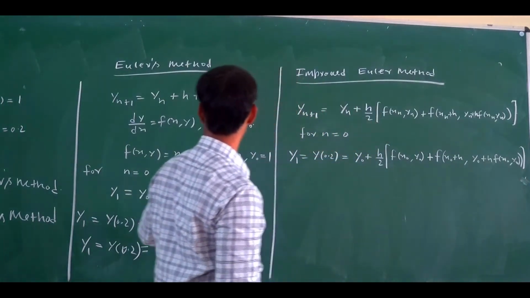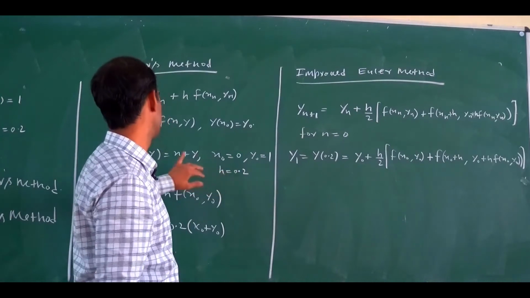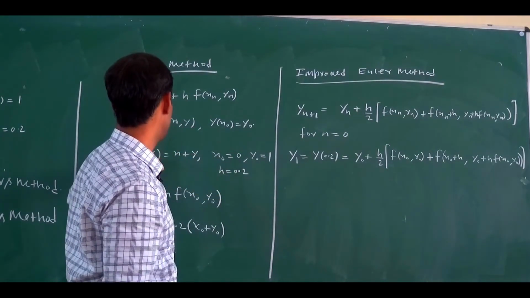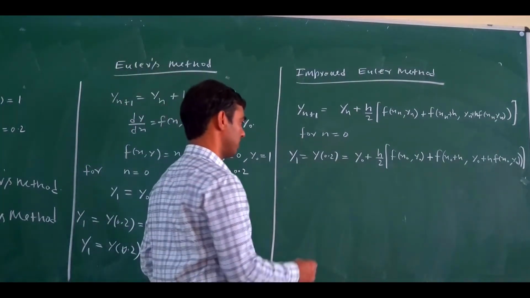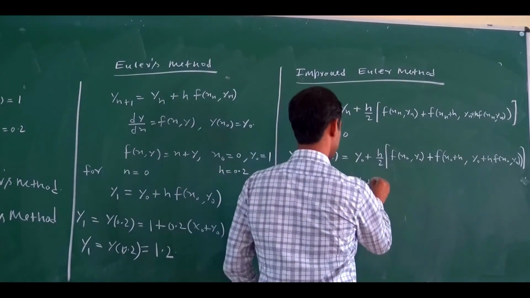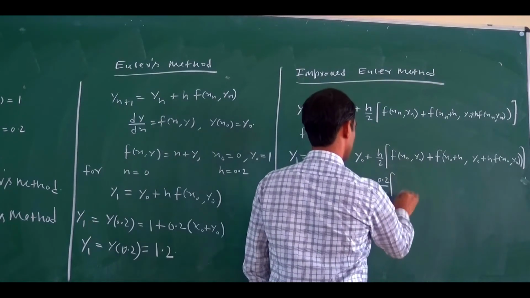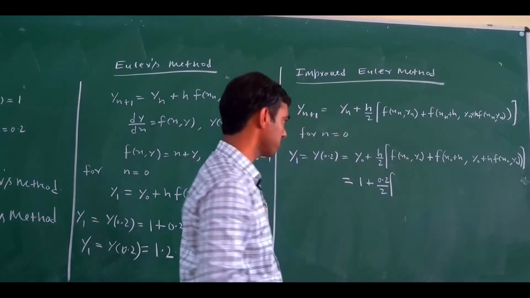By putting in all the values, we have x0, y0, h, and f(x,y). So y(0.2) = 1 + (0.2/2)[f(x0, y0) + f(x0 + h, y0 + 0.2 f(0,1))], where f(x0, y0) is x0 + y0.